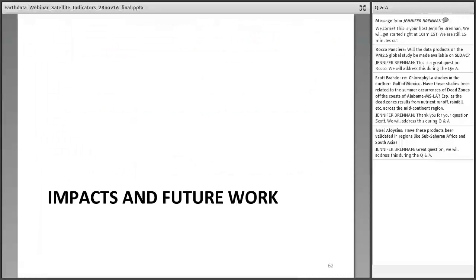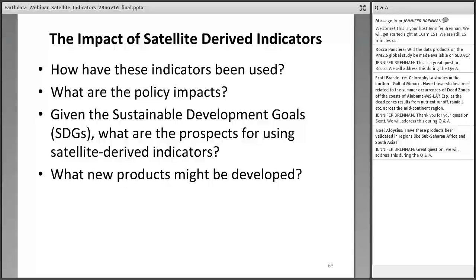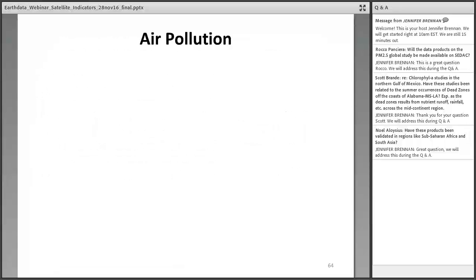So moving along, I want to just describe very briefly the impacts of this work and then future directions. I'll be talking about how the indicators have been used, what their policy impacts have been, and a bit about the SDGs, and one of the questions I have for you is what new products might be developed in the future.